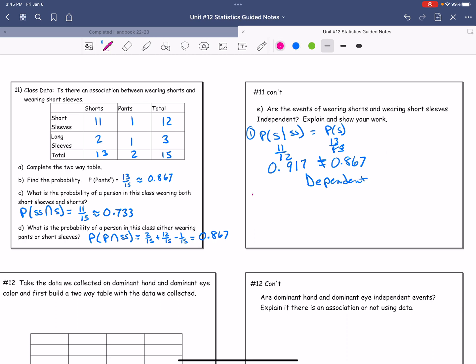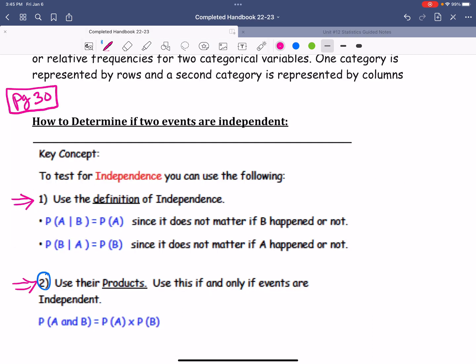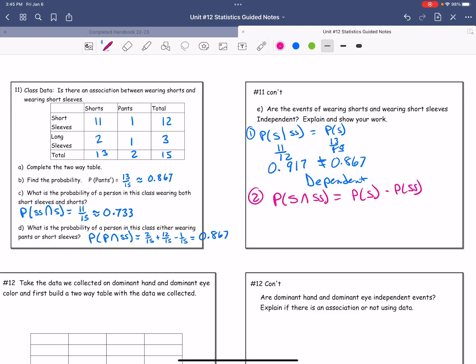And then the second method we use is using products. If the probability of shorts and short sleeves is equal to the probability of shorts times the probability of short sleeves, then we know we have independent events. That's number 2 down here, using products. So we have shorts and short sleeves, which would be 11 out of 15.